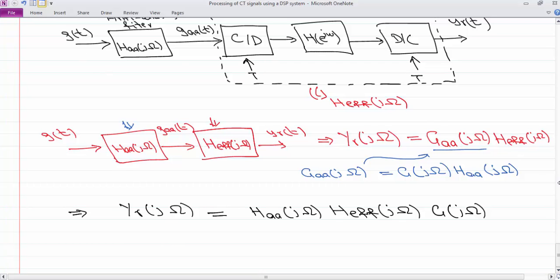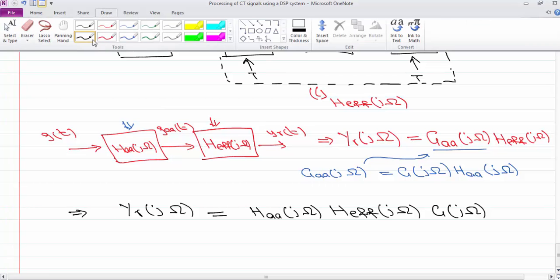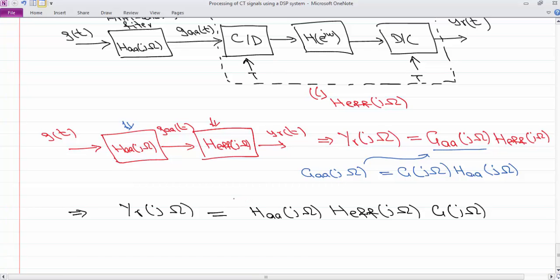So what happens is that if you use an anti-aliasing filter and then the rest of the DSP system, the entire system acts as a continuous time LTI system, but now the frequency response of the continuous time LTI system is given by multiplication of your anti-aliasing filter's frequency response with the effective frequency response of the rest of the block. And you can replace that.